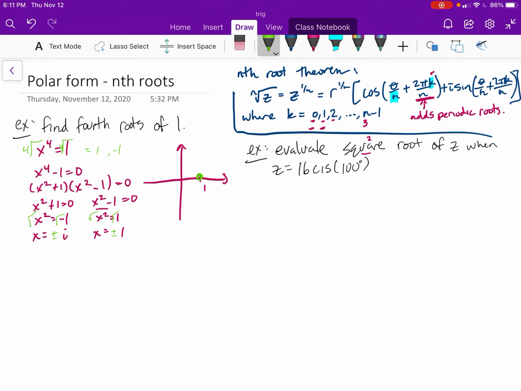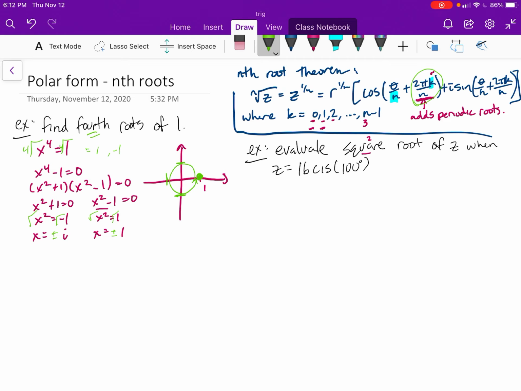Because there are 4, what this 2 pi k over n graphically is doing is saying split up 2 pi into n pieces. Well, I'm doing the fourth root, so if I split this circle into 4 to find all 4 roots, and I'm at 0 here, then I would need a point here, and a point here, and a point here.